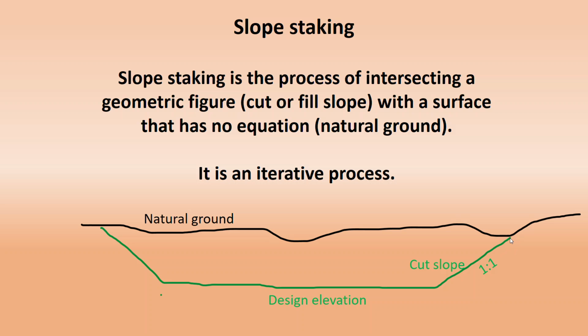That's designed. That has an equation. We know exactly where that exists in the world. Your natural ground is random. It undulates, it goes up, it goes down. It has no equation that we can follow. So we don't know how those two surfaces are going to intersect one another.